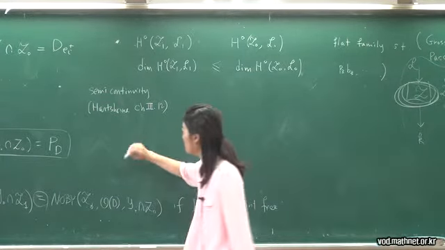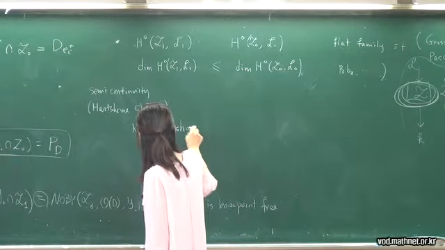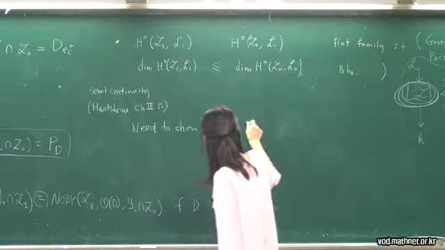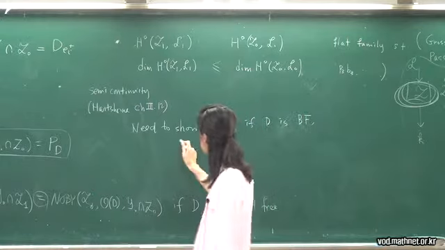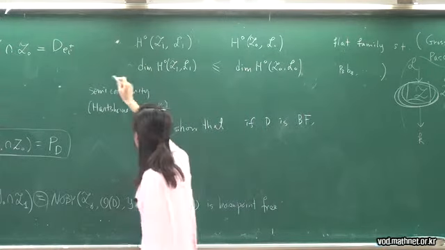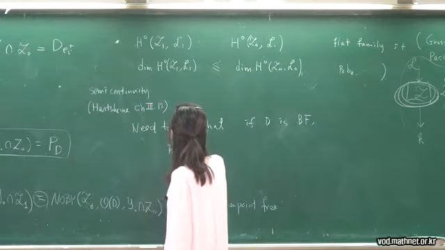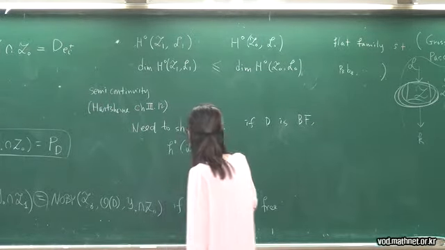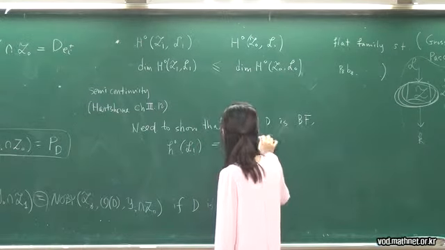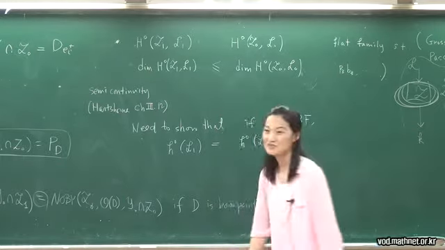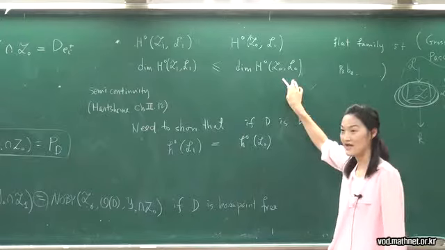Now we need to show, if D is base point free, that H0 of L1 equals H0 of L0. I am now simplifying all the notation. This is the dimension for that, and this is the dimension for that.